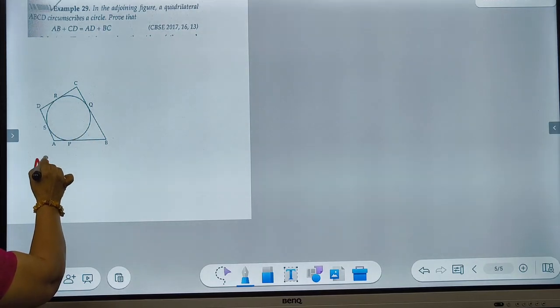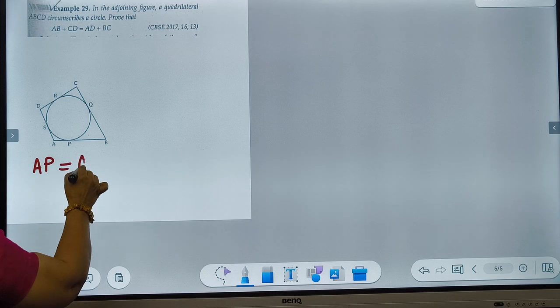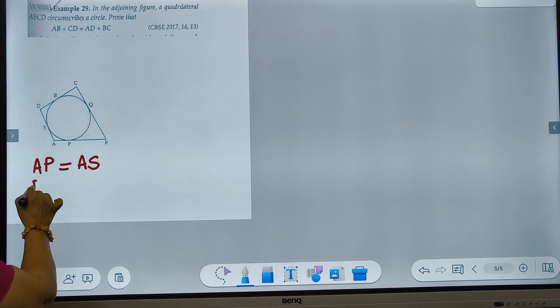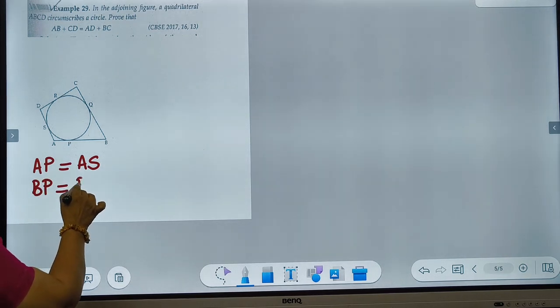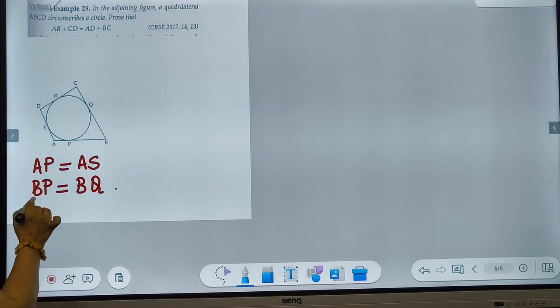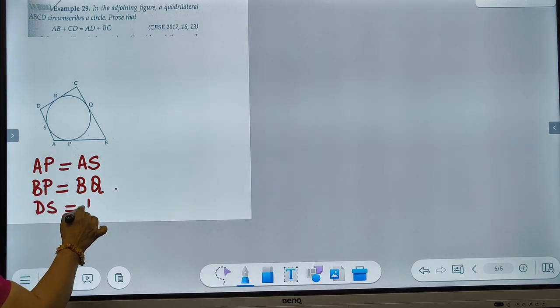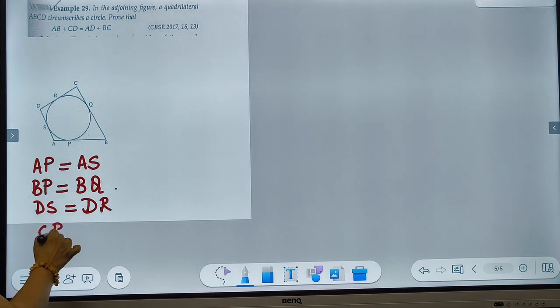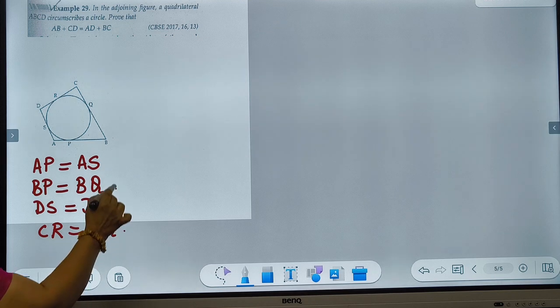So AP equal to AS, right? BP equal to BQ. DS is equal to DR. CR equal to CQ.